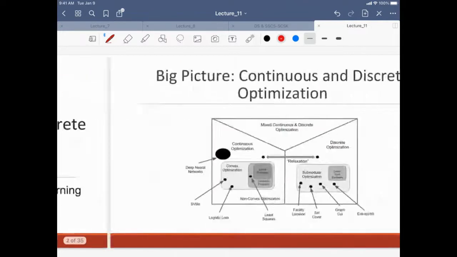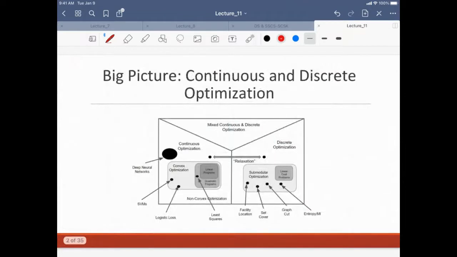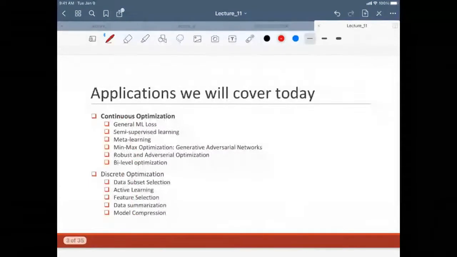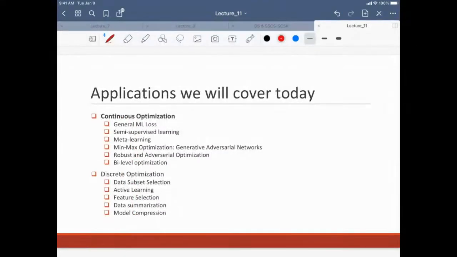So now in this lecture, I'll talk about several applications of optimization. I'll hopefully try to at least give a basic idea of where optimization comes up in machine learning.